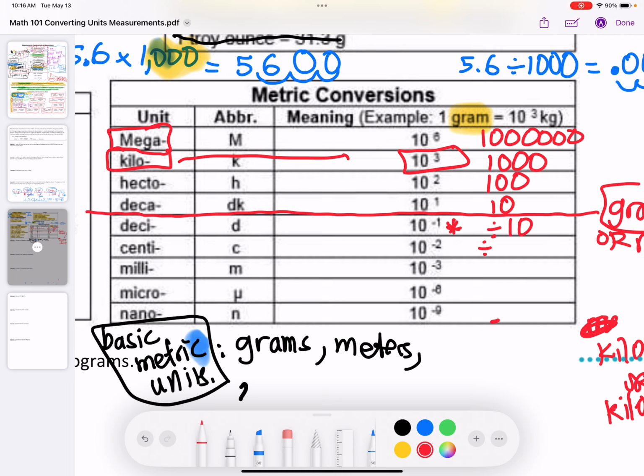This would be dividing by 1 followed by 2 zeros. So you would take the basic unit and multiply by these numbers. The ones below this red line, you're dividing by 1 followed by this many zeros: 1, 2, 3, 4, 5, 6. And this one, I don't think we'll see this very often. Nano units are tiny: 1, 2, 3, 4, 5, 6, 7, 8, 9. That's basically how to read it.